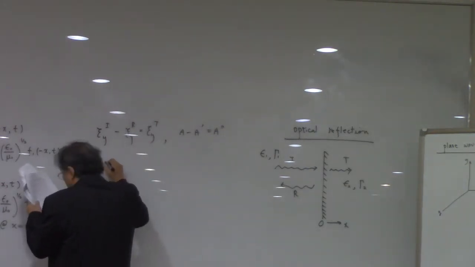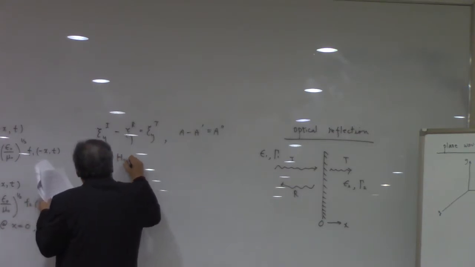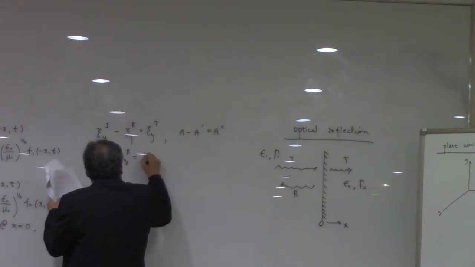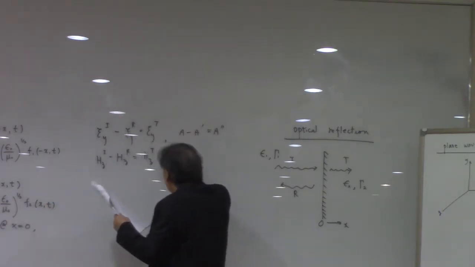And with the magnetic field, HZ reflected should be equal to HZ transmitted. Okay?